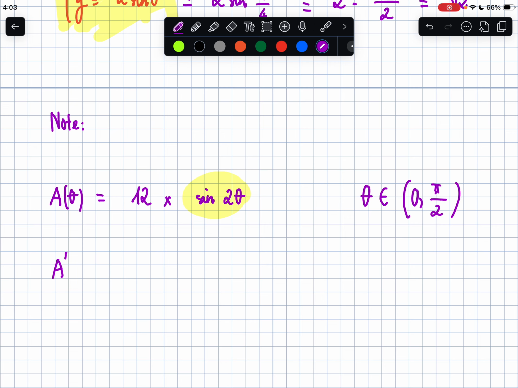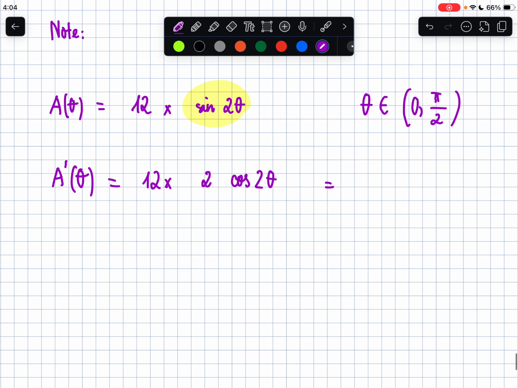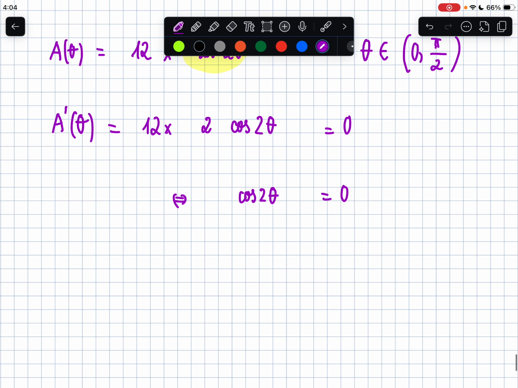Usually we do A prime of theta, so 12 sine prime, 2 cosine 2 theta. This equals 0 if and only if cosine 2 theta equals 0.